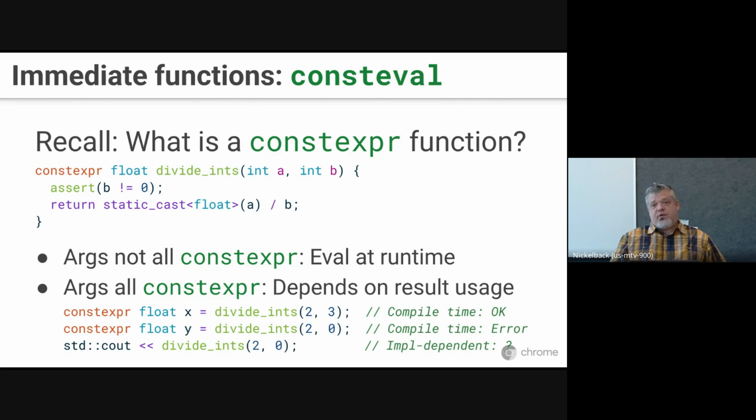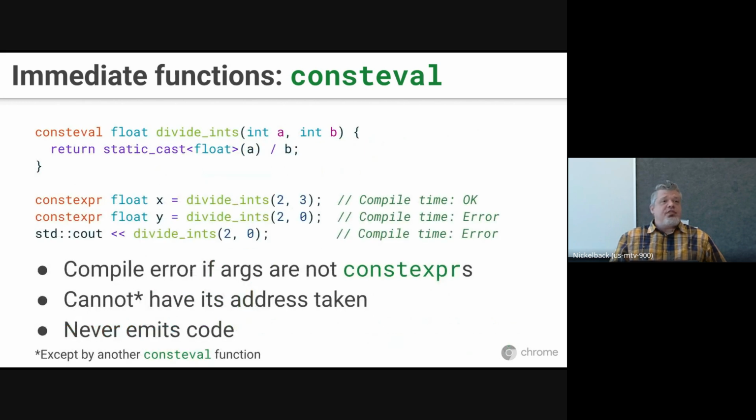But because we don't have b available at compile time, we don't know. Now with consteval, we don't really need to do that, because we know the value of b at compile time, so we know for sure that if b is 0, we're going to divide by 0 and get a compile time error. You could just as well leave some kind of precondition in there.